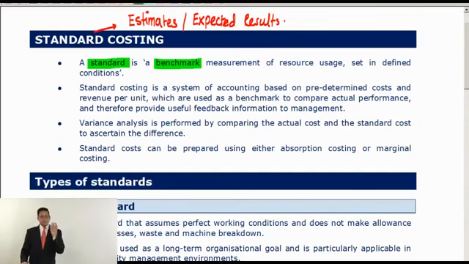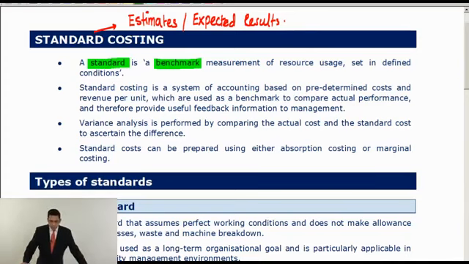Benchmark is like an expected anticipation, that we anticipate how much material will go into a product, how many labor hours will be used in the product, and how much of the overheads will be used in the product. So a standard is the benchmark or expected resource usage in the product.